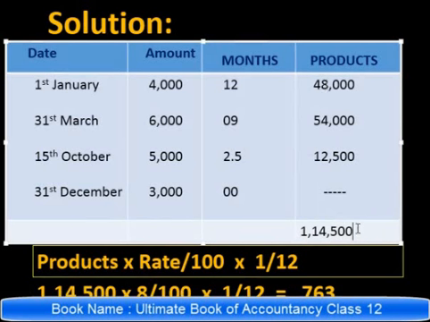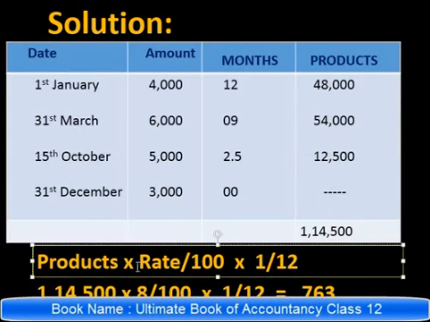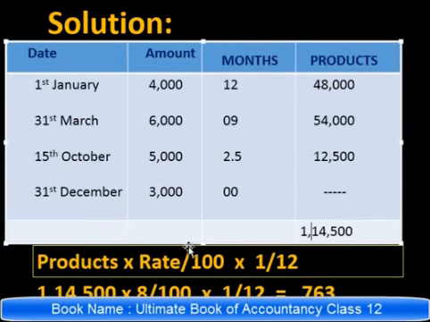After calculating this, I will apply the formula here, which is given as you can see on the screen. Products we have already calculated, 1,14,500. Rate over 100, the rate is already given in the question.